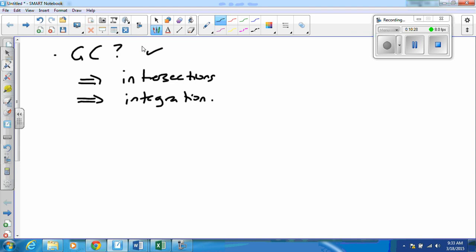On the calculator section, you should be using the calculator to do intersection points and integration. If you want to do it by hand, because you've got lots of spare time, you can do that, but you'll be taking time away from something else. See what I'm saying? So in terms of efficiency, we want to do that.